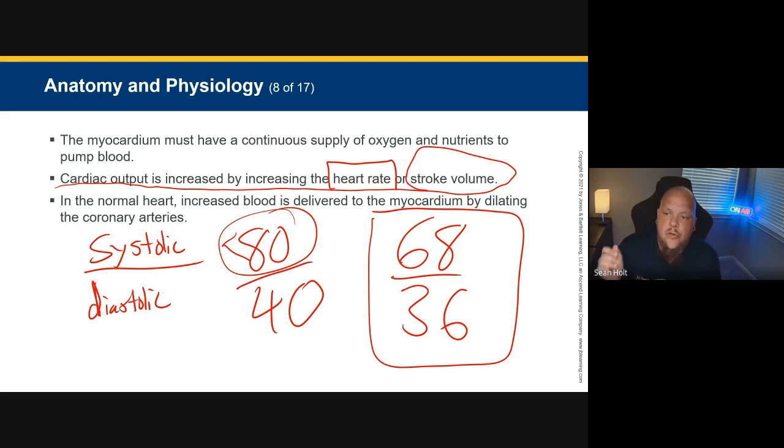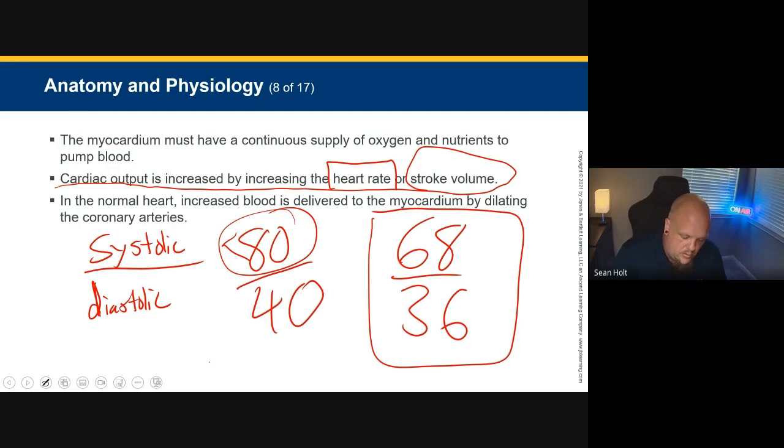All right, so if we're searching for a pulse, okay, and we're having trouble finding it, but we eventually find it, we consider it maybe a thready pulse. That's usually indicative of a lower blood pressure. Okay, not always, but most of the time. If we're having problems finding that radial pulse, it usually means that they're hypotensive.